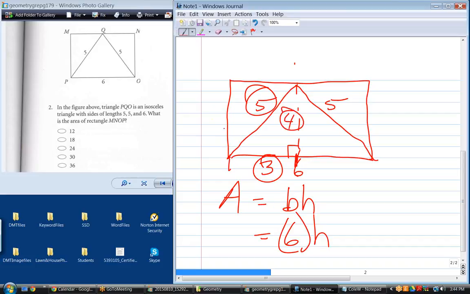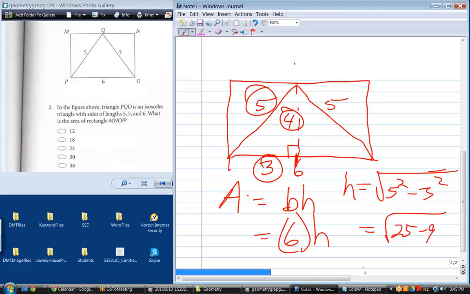Now, I could go through and use the Pythagorean theorem, in which case that height would be the square root of, it always starts out square root of, 5 squared minus 3 squared, which is square root of 25 minus 9, which is square root of 16, which is 4.